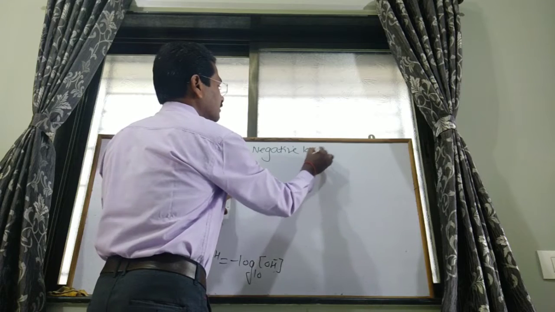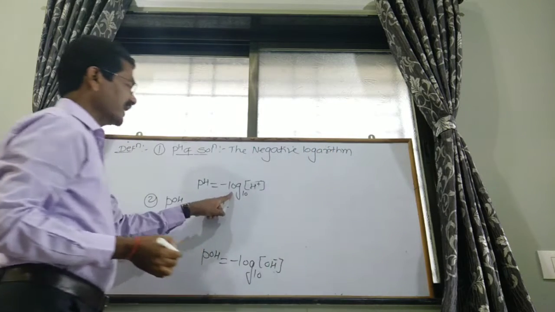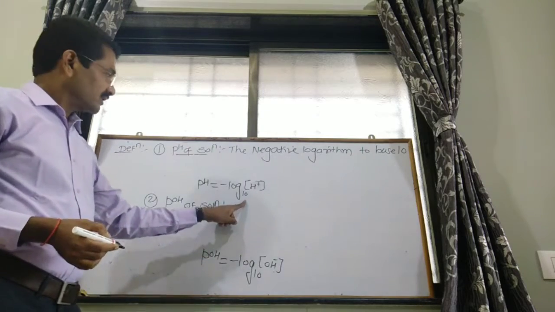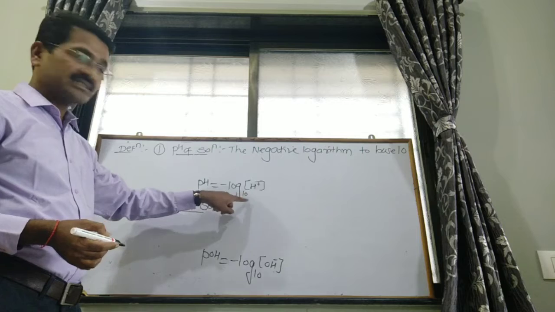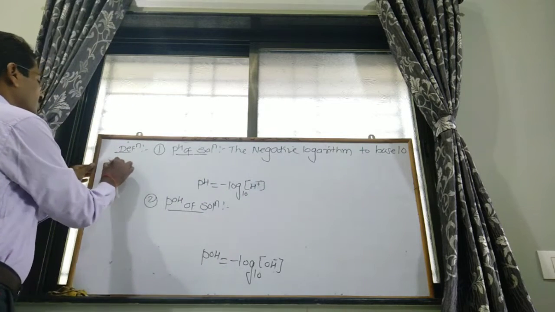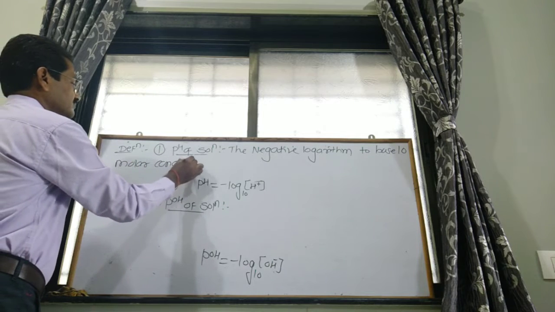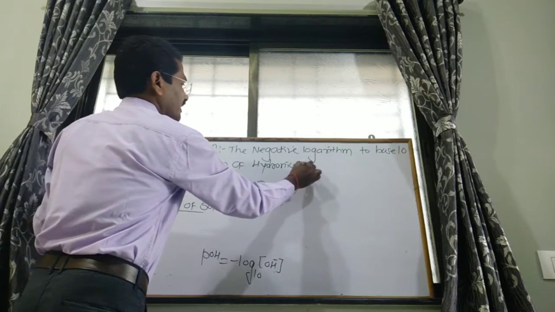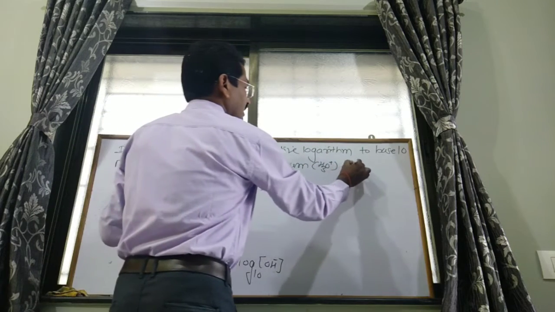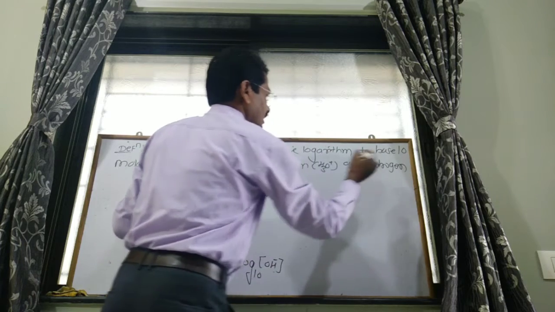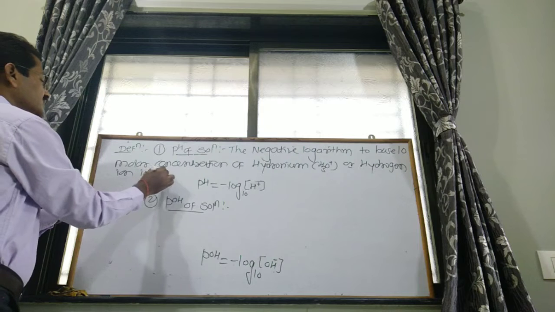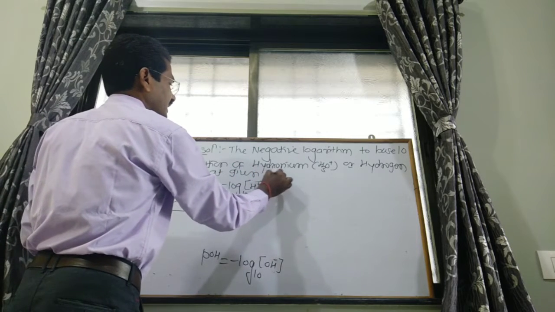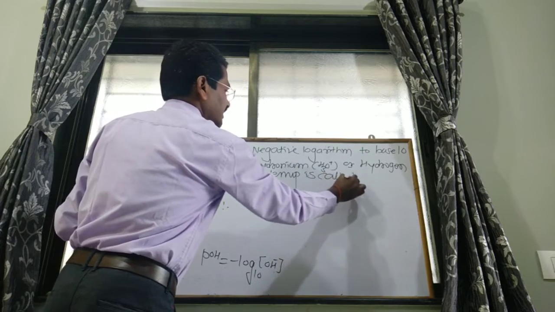The negative logarithm to base 10 of the molar concentration of hydronium, that is H3O plus, or hydrogen ion, in solution at a given temperature, is called the pH of solution.